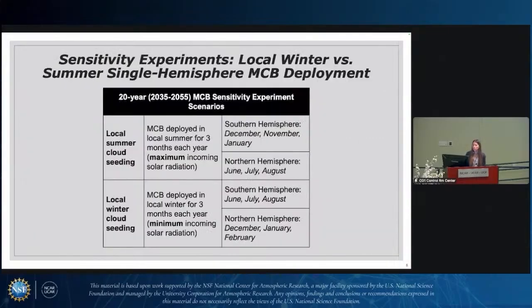So we first started our study with shorter sensitivity experiments testing the deployment of single hemisphere MCB within the months of local winter and summer, which are expected to induce different levels of cooling.